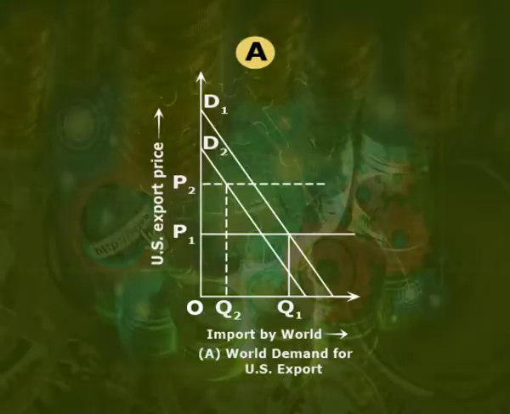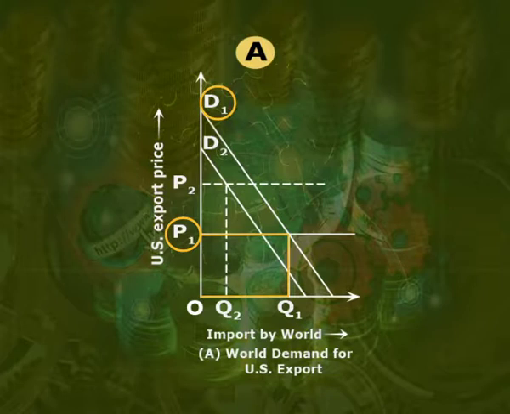It is assumed that inflation has already occurred in the US to send up general prices, including export prices. Before the inflation, American export prices were P and American exports to the rest of the world, that is, imports by others, were OQ1, given the initial world demand for American exports D1 as shown in figure A. After inflation, American export prices go up to P2, in response to which the world demand for American exports decreases to D2.